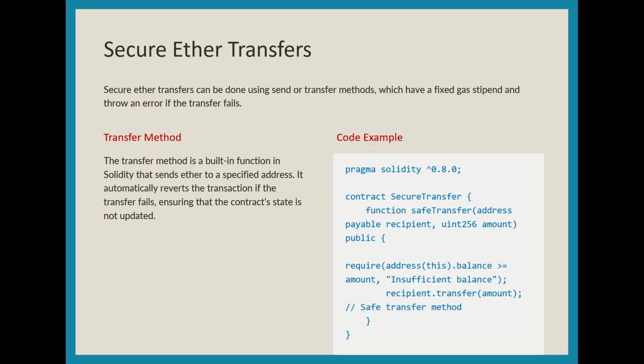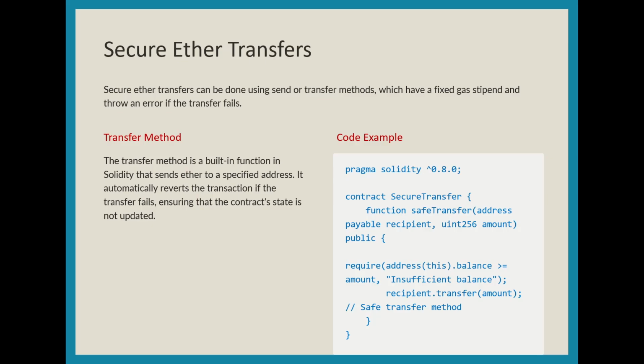What is the transfer method, you might be asking? The transfer method is a built-in function in Solidity that sends ether to a specified address. It automatically reverts the transaction if the transfer fails, ensuring that the contract state is not updated. Like how a postal system works, right? You give a fixed address to deliver your envelope to, and it automatically takes the letter back.